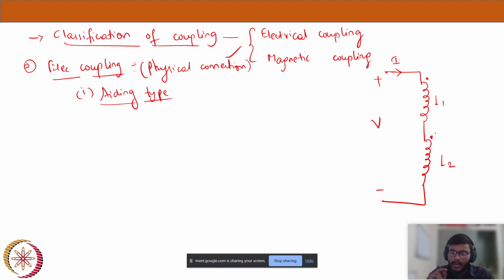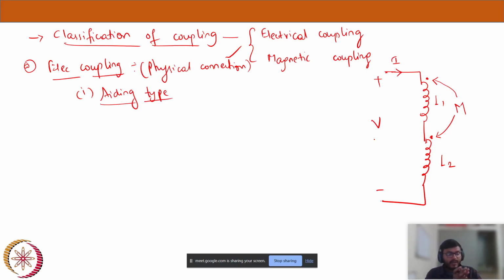So L1 and L2 are the self-inductances of the coils, and between these two coils and between these two dots there exists a mutual inductance, that is M. Now the dots are at the initial points of the coils L1 and L2, M is the mutual inductance, V is the input voltage, and I is the current. So everything is clear now.